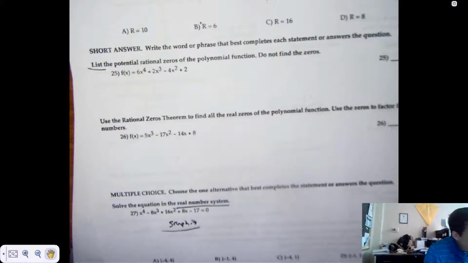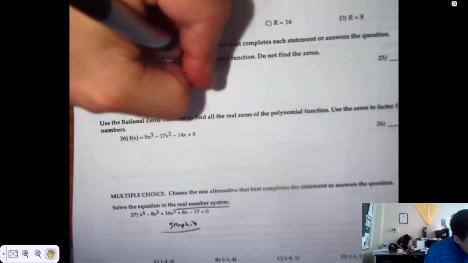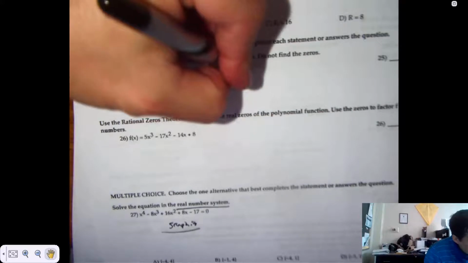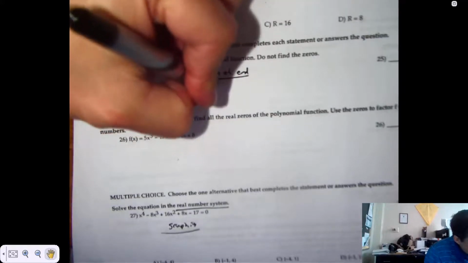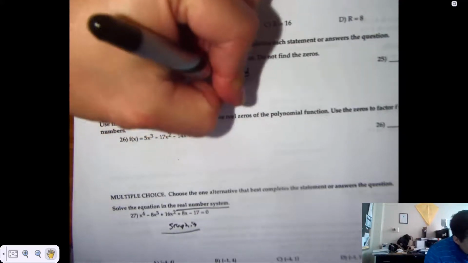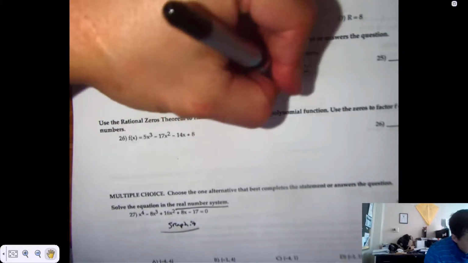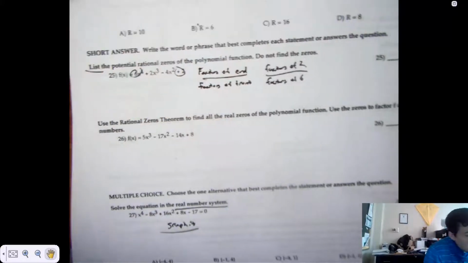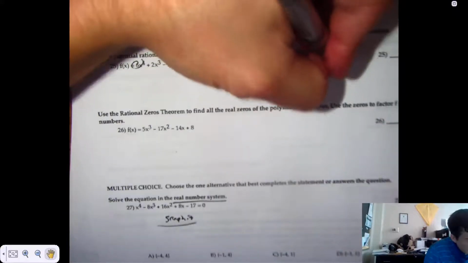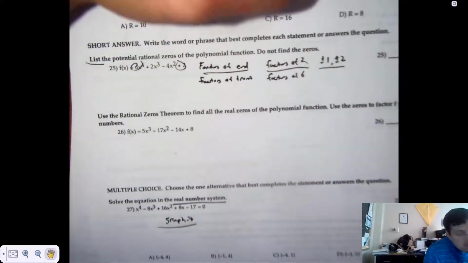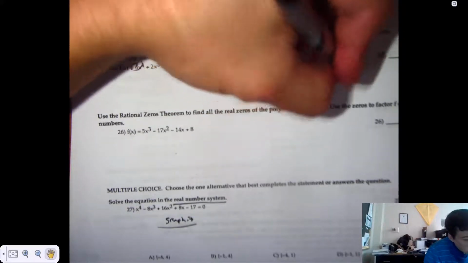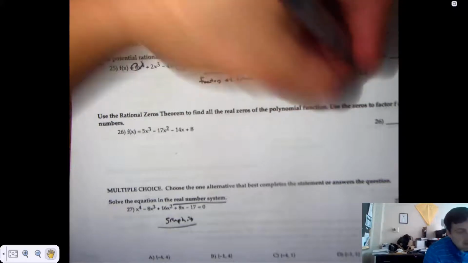Just what are they? This is factors of the end over the factors of the front. The end is 2. The front is a 6. The factors of 2 are plus or minus 1 and plus or minus 2. To get to a 6, and it helps if you write in order, it takes a 1, a 2, a 3, and a 6.